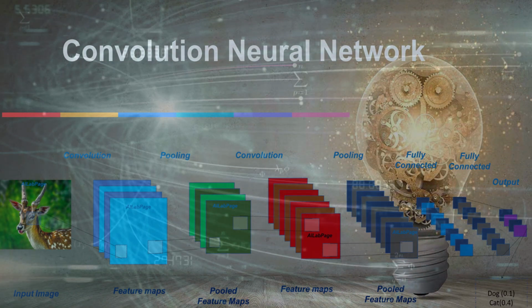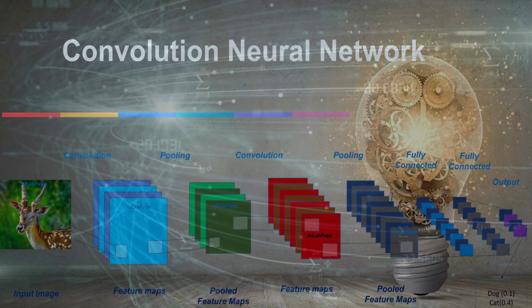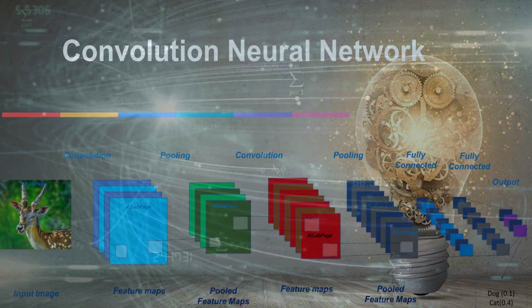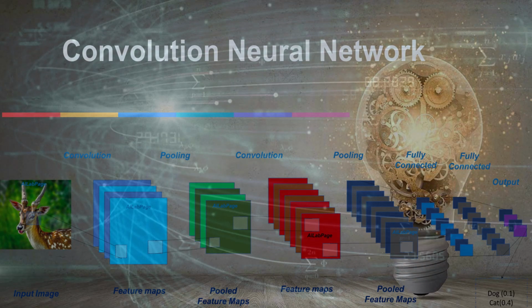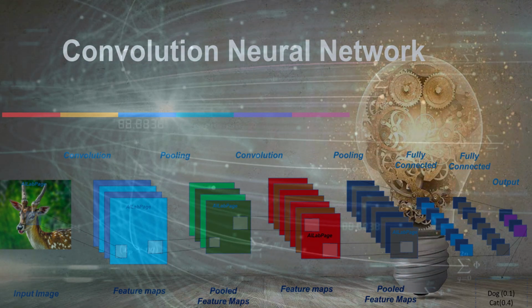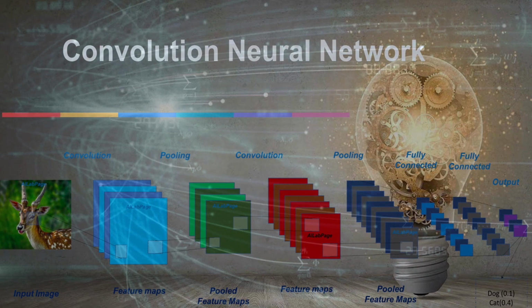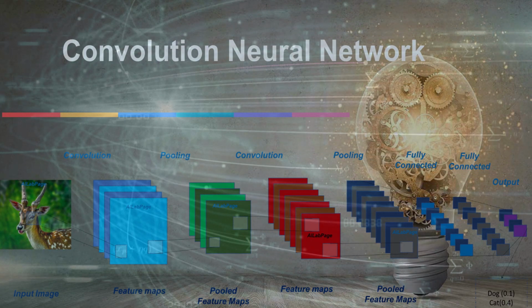Grouping layers reduce the spatial dimensions, size, of feature maps, making the network more efficient and robust against small displacements in the position of objects. Fully connected layers flatten final feature maps and connect them to traditional neural network layers for final classification or prediction.